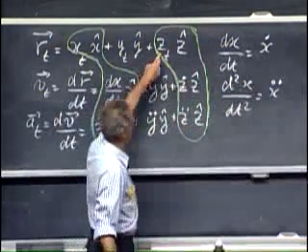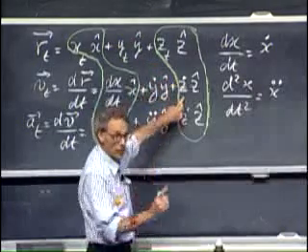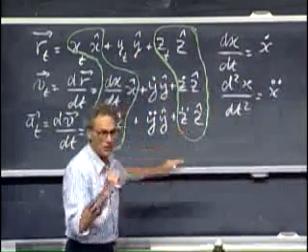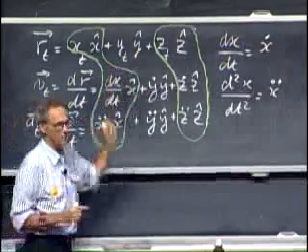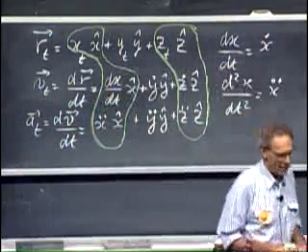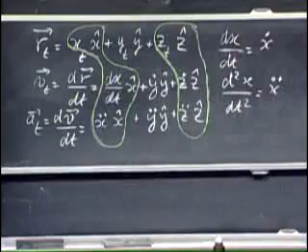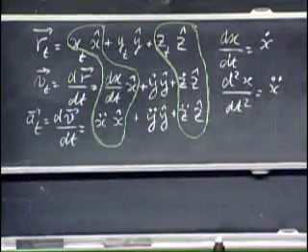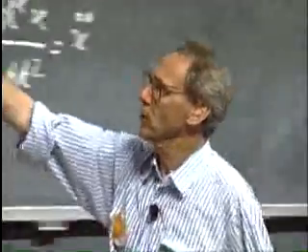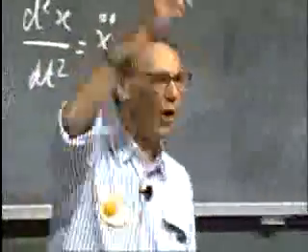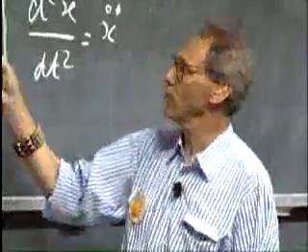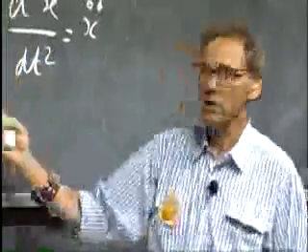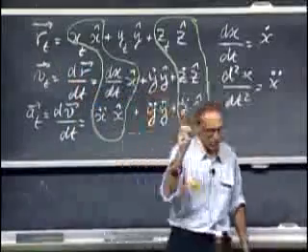This is the position on the z-axis, this is the velocity component in the z direction, and this is the acceleration in the z-axis. And here you have the y. In other words, we have now a three-dimensional motion we have cut into three one-dimensional motions. This is a behavior only along the x-axis, and this is a behavior only along the y-axis, and this is a behavior only along the z-axis, and the three together make up the actual motion of that particle.